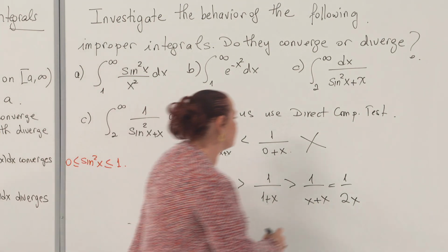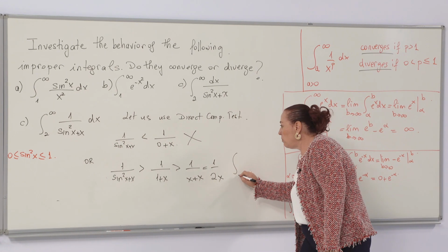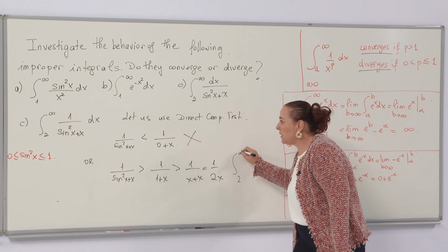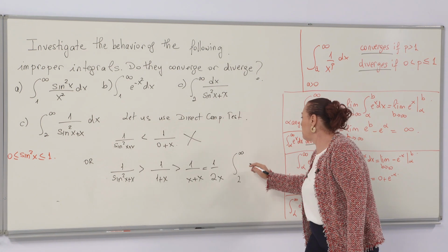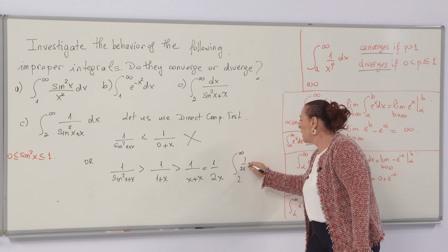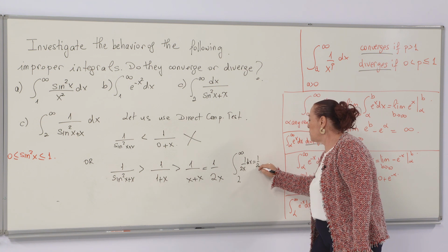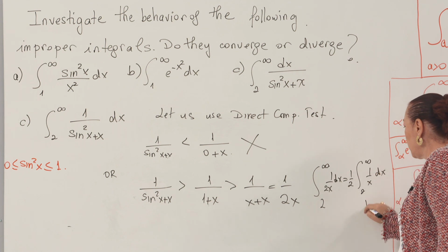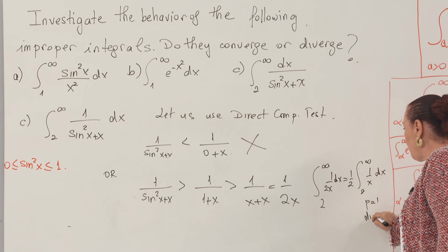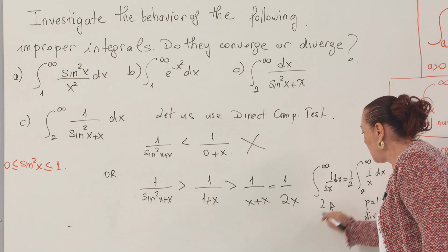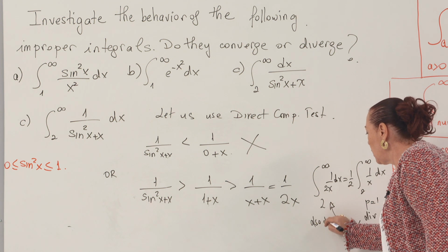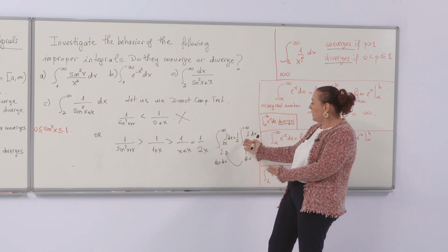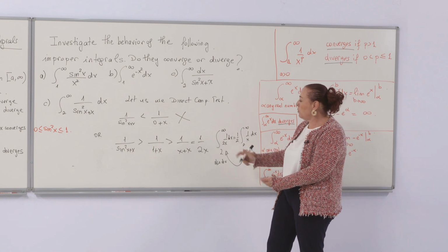Now let's see. From 2 to infinity, I take exactly the same limits of integration. Then I take 1 over 2 out. P is 1, it's divergent, which means this is also divergent because you're only multiplying with 1 over 2.